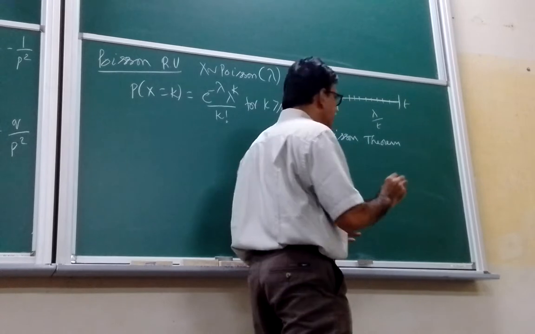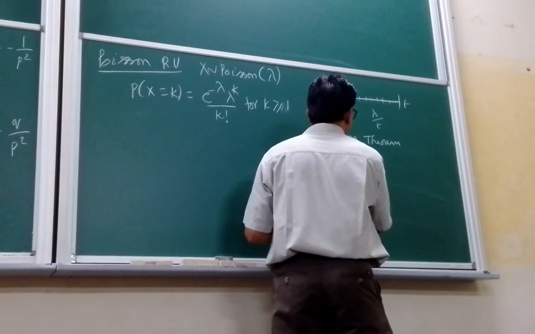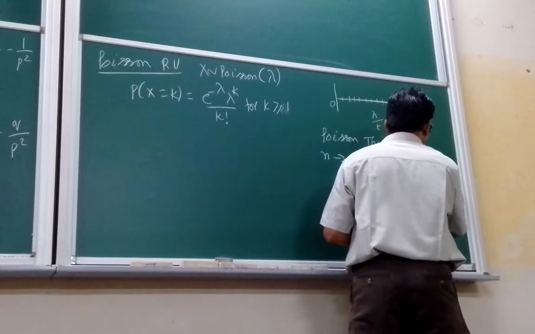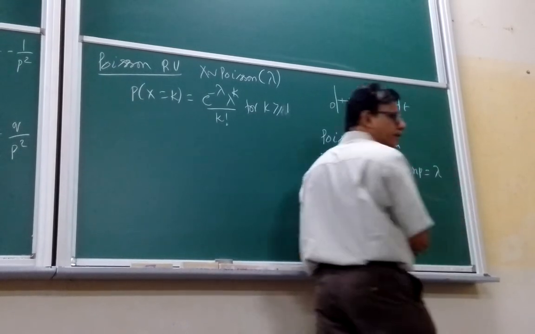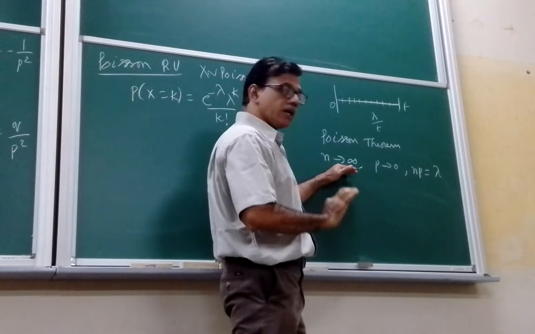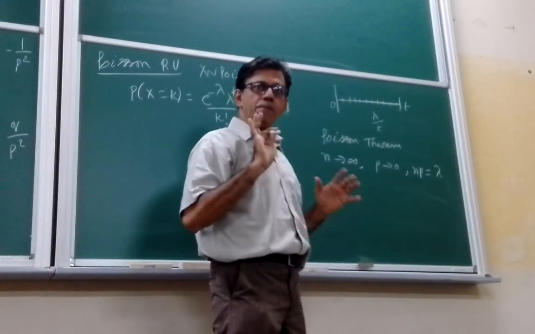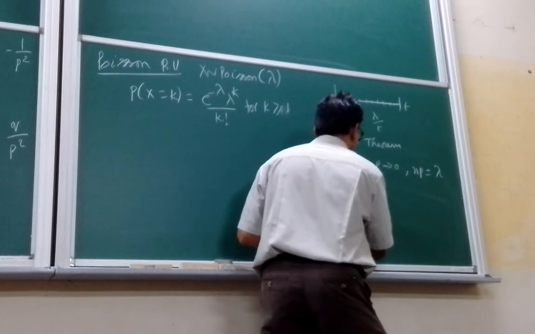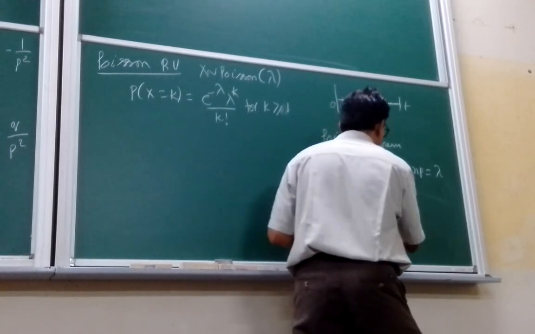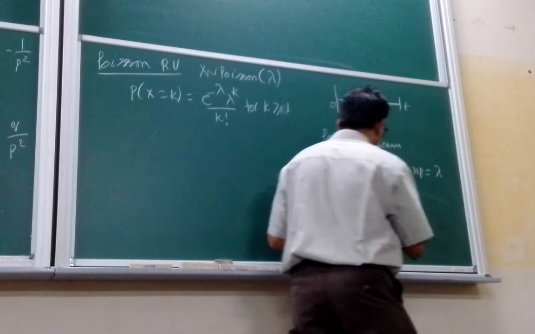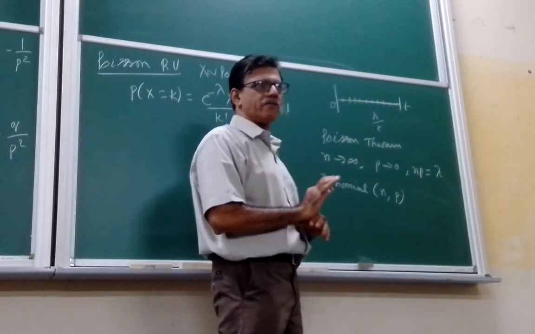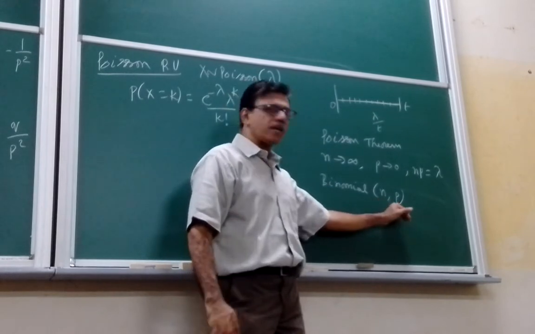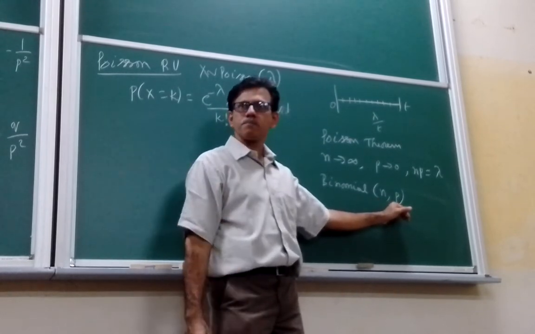So what it tells is, in the limit n tends to infinity and p tends to 0, but n into p is a fixed quantity. There are two things. One, in a binomial expression, there is n p. You have a binomial random variable where the number of trials is very large, but the probability of success in each trial is very small.